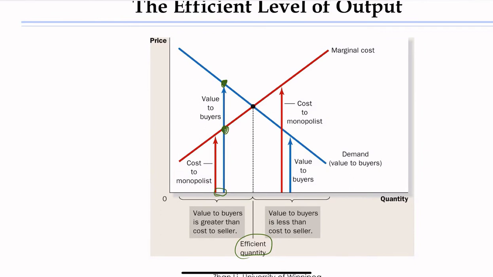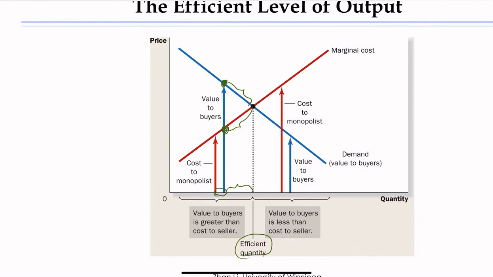So essentially it means that for these quantities, value to buyer is always larger than the cost to the monopolist. So basically, if these quantities can be sold to buyers, then there should be some positive benefit, right? Because value is larger than the cost.